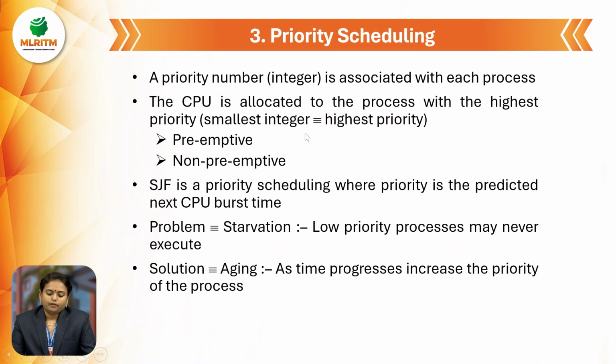And the next one is the priority scheduling algorithm. In the name itself, it is there: priority. Based on the priority, the processes will enter into the CPU. A priority number, that is an integer, is associated with each process, and the CPU is allocated to the process with the highest priority, the smallest integer being the highest priority.